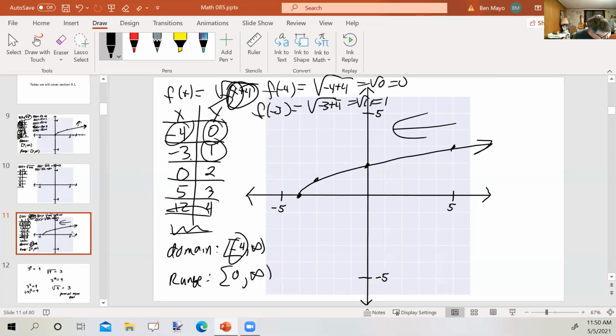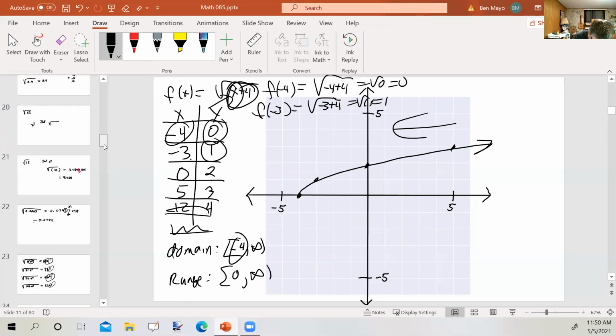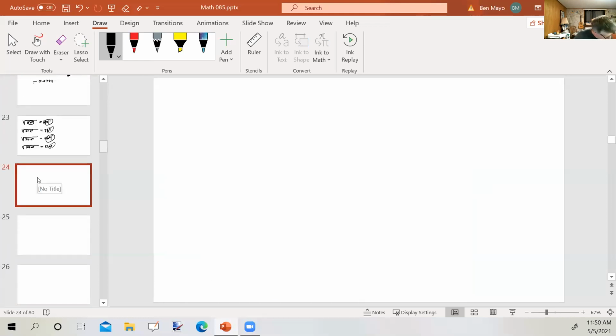All right, now let's take a look at the next one. It says find the domain of each function. So we're no longer going to graph it. We're just going to find the domain. Keep in mind, we can't take an even root of a negative number.